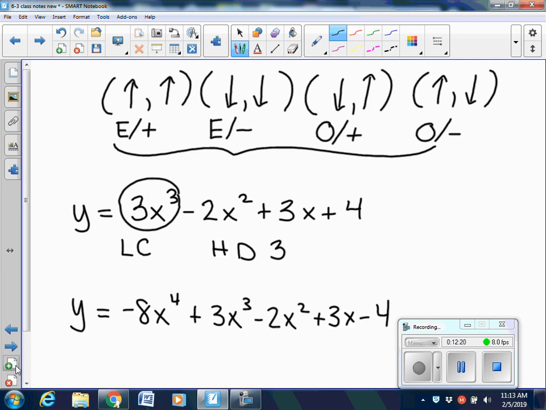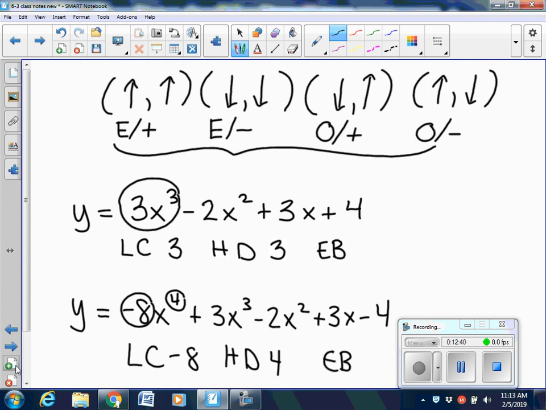And the leading coefficient is also 3. And I'm going to do the same thing down here. The leading coefficient is a negative 8, and the highest degree is 4. Now comes the new part, the ED. That's the last part.